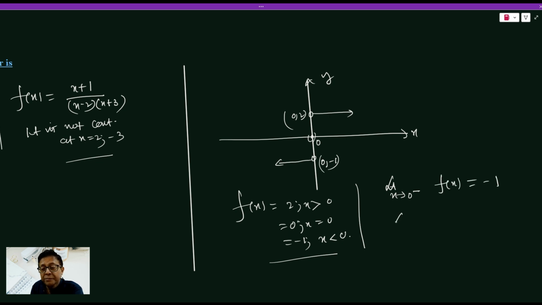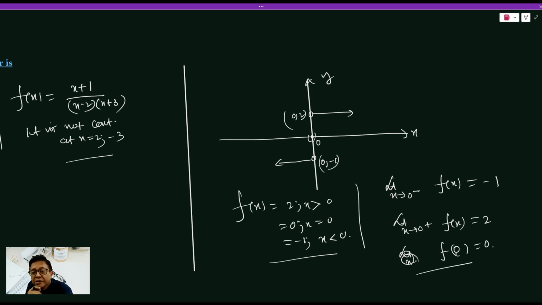Minus 1. Limit x tending to 0 plus f(x) is 2. And f(0), what is its value? 0. Limit does not exist. The function is not continuous.